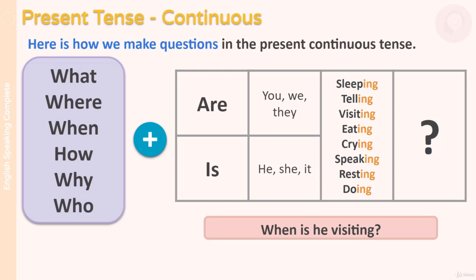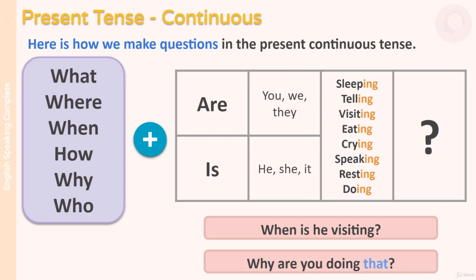When is he visiting? Why are you doing that? And I've just added this extra piece of vocabulary to clarify what I'm talking about. Why are you doing that? And quite simply, I'm following the table and the flow above in making these questions in the present continuous.